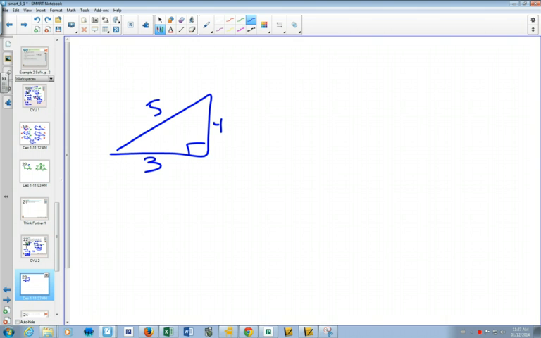Oh, this isn't drawn to scale. I'll make the 3, 4, 5 this way.